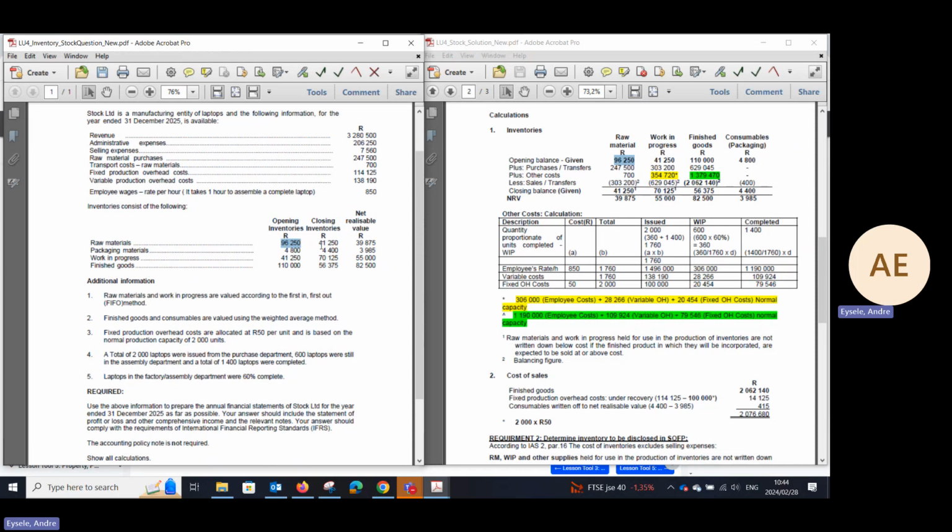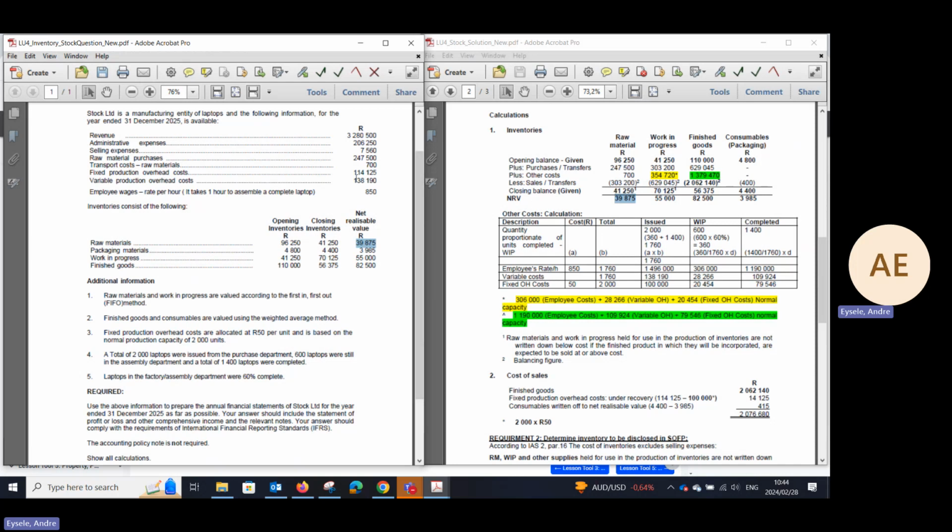The closing stock figure is 41,250, and the NRV, the net realizable value, is 39,875. They've given that to you. The question here is, why are we not writing it down from closing stock to net realizable value? That is something that we will come to. We first need to determine what the cost of sales is.